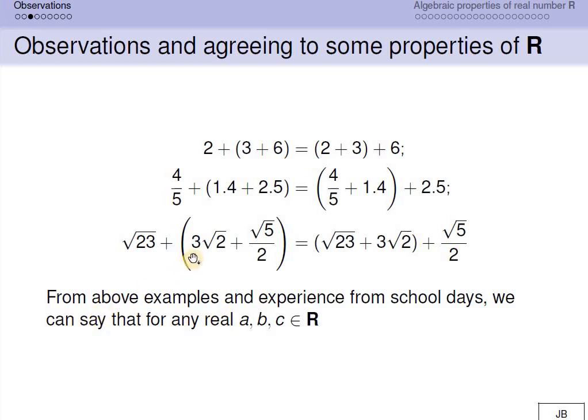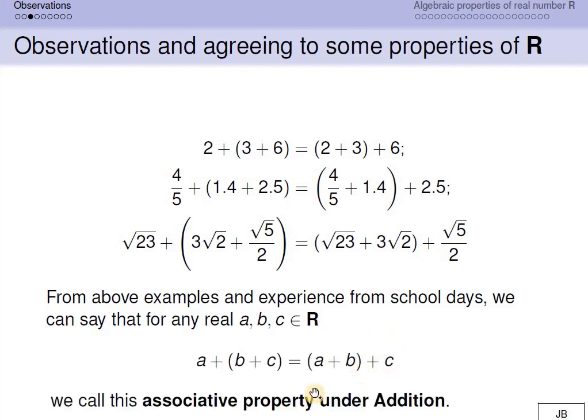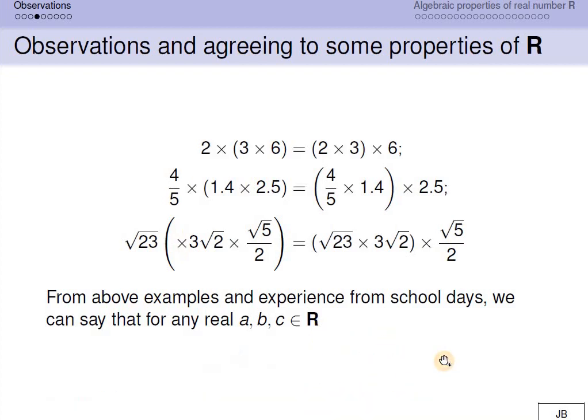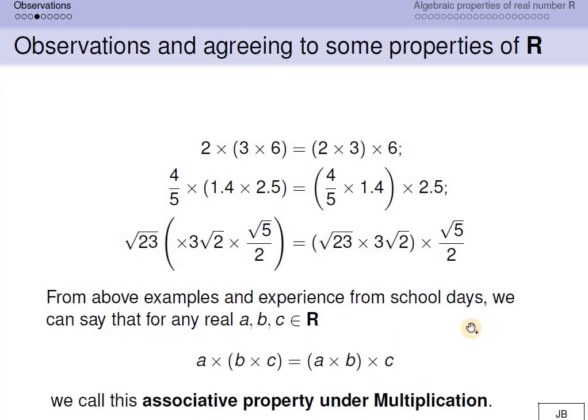So we can generalize this to any a, b, c belongs to R, and we call it the associative property under addition. Similar to the associative property of addition, we have the associative property of multiplication under multiplication.